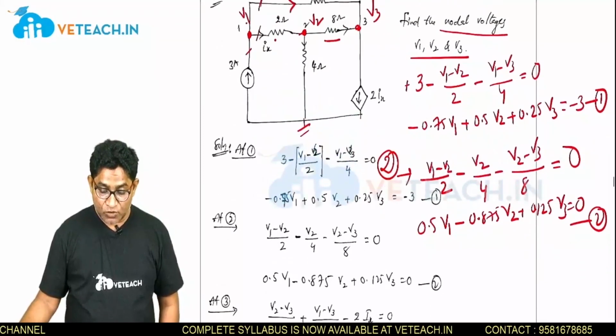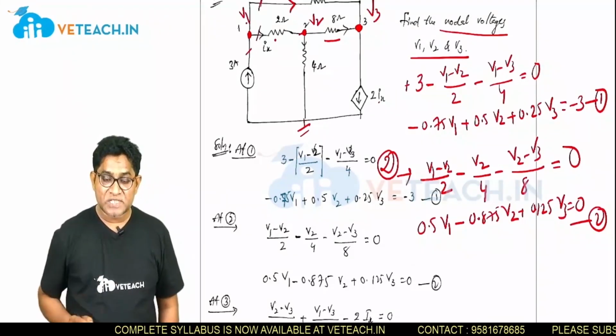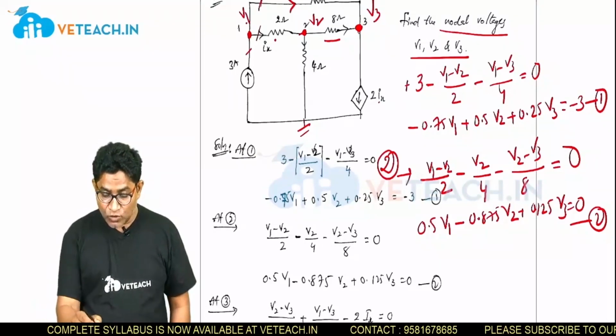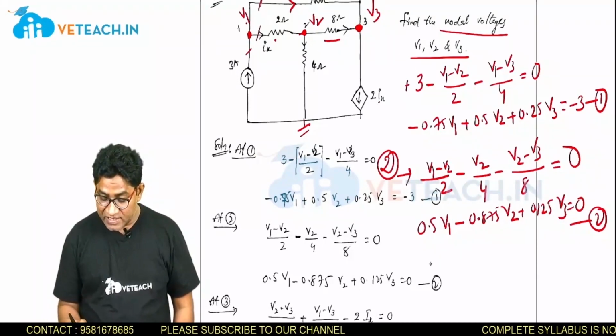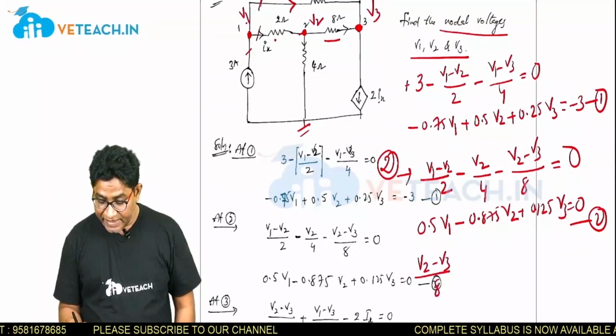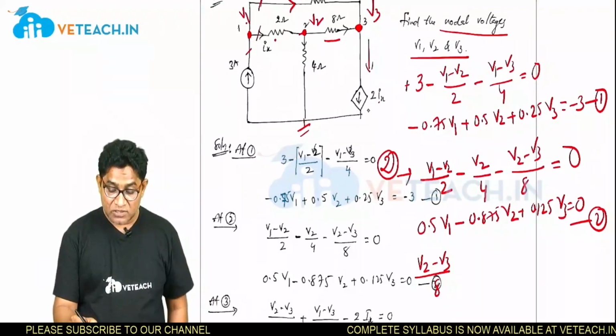Now let us go for node 3, to which the dependent source is connected. Same procedure, so nothing changes here. So at node 3 write the KCL equation. So this is the entering current through the 8 ohm resistor, so it will be V2 minus V3 by 8. Then this is the leaving current, the current source.